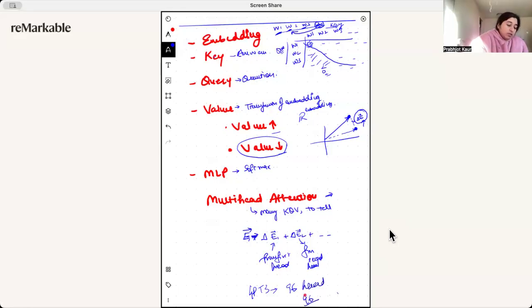So what happens is that we learn delta E1 from the first head, delta E2 from the second head, until delta E96 in GPT-3. And then all of these embeddings tell us how we shall adjust the position of the data point to make it more reliable in the context and per the task, and we add that to the old embedding. That's it.